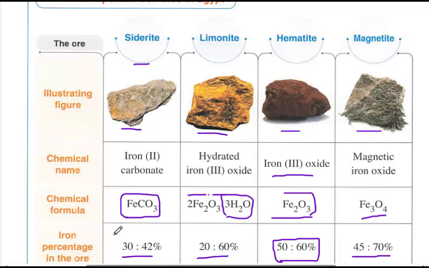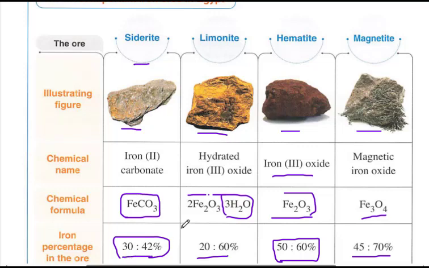Another thing in siderite: the iron percentages of limonite, hematite, and magnetite can exceed 50%, but here it does not exceed 50%. So when the question mentions an iron ore which cannot exceed 50%, it is 100% siderite.